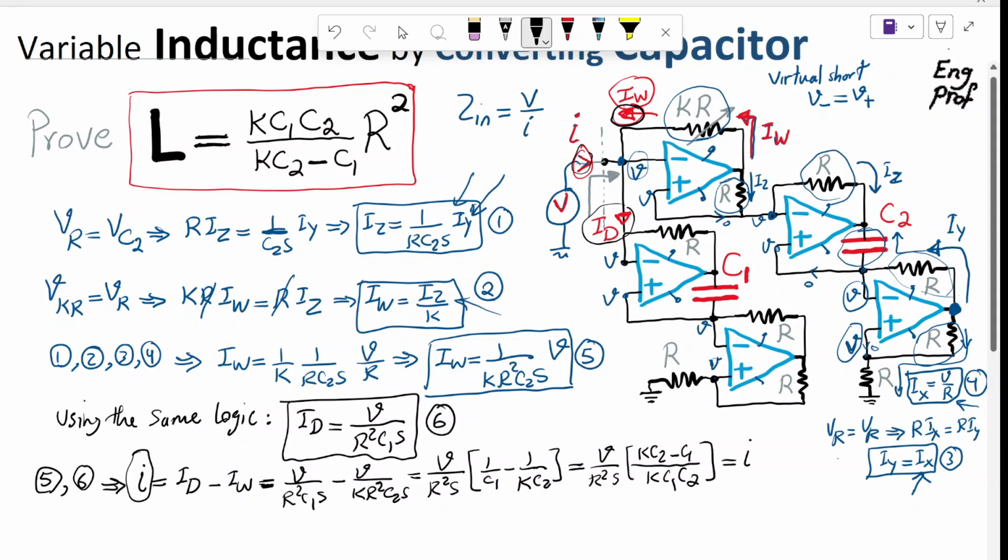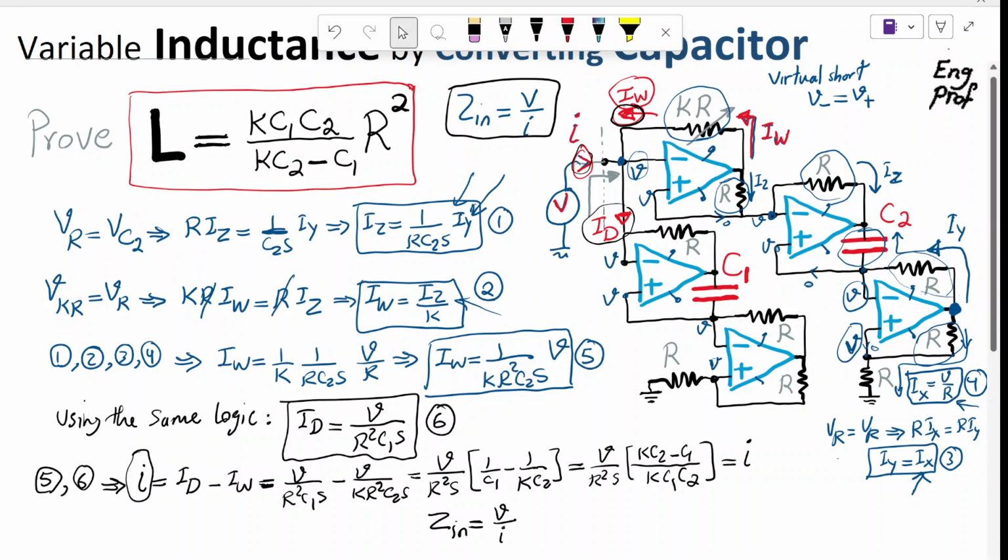So I found I, and as a result, input impedance is simply V over I, as we talked about at the beginning of this conversation.